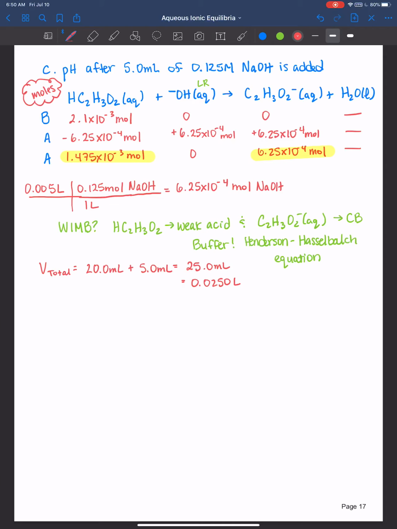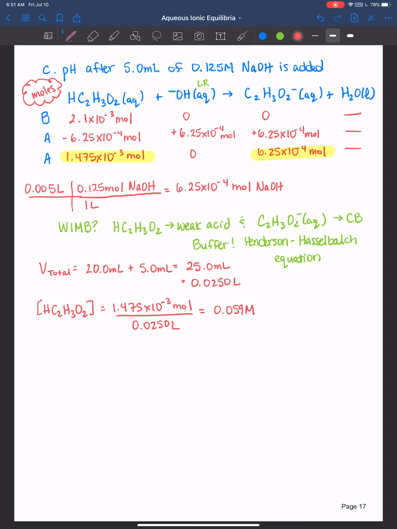Okay. And so therefore you would take the number of moles divided by the total volume. So the concentration of acetic acid, after you've added base, is equal to 1.475 times 10 to the negative third moles per liter, which ends up being 0.059 molar.